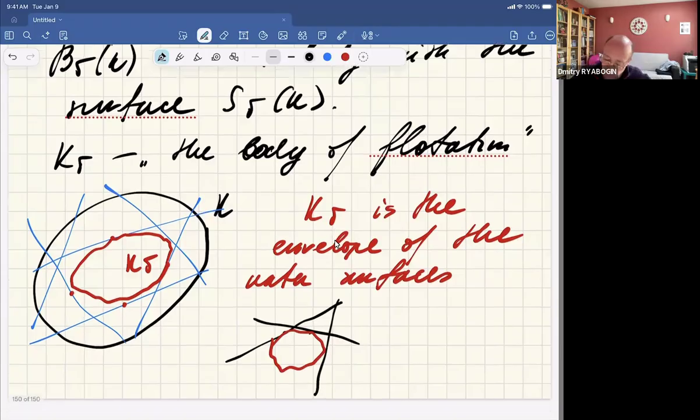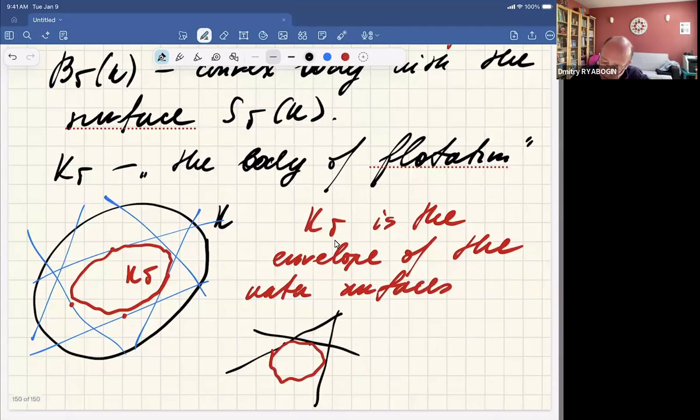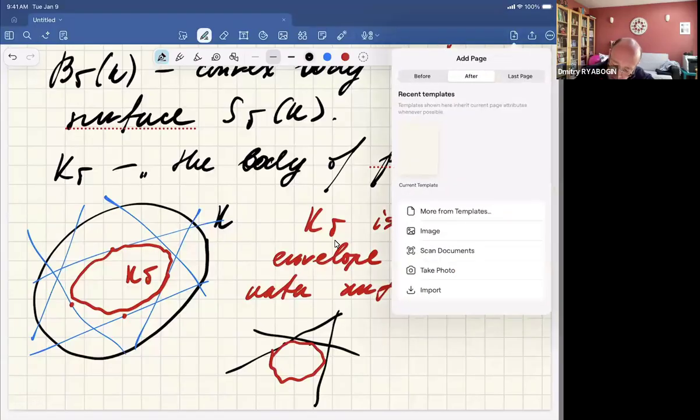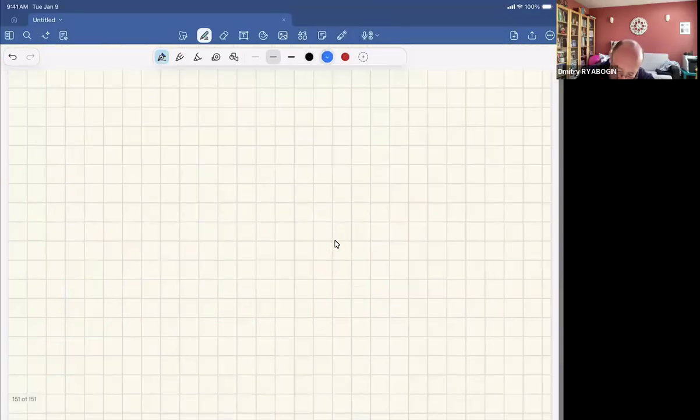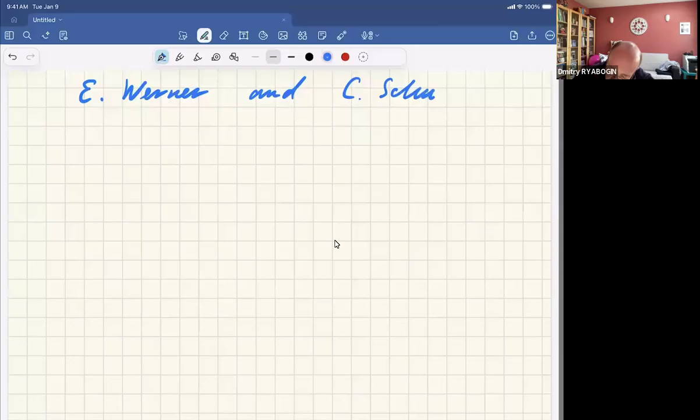Something like this, but I want to define it in a slightly different way, in the way that was introduced by Elizabeth Werner and Carsten Schütt, and also by Bárány and Larman. So they introduced the following notion, and we are going to use this one, for example.